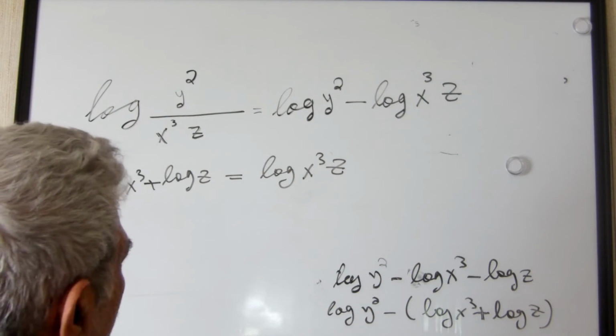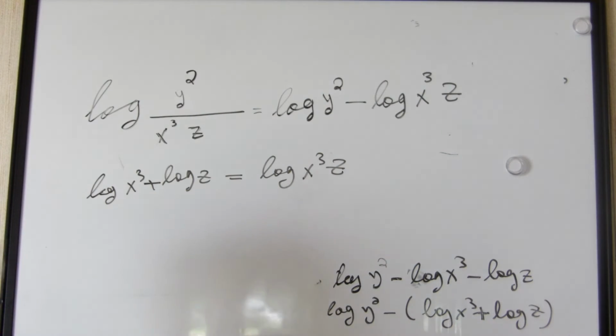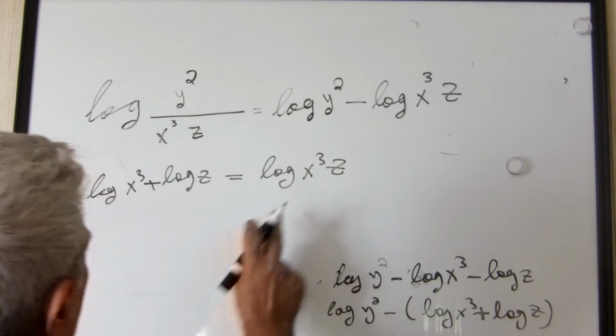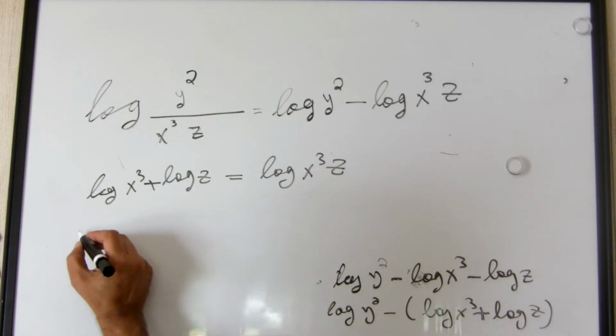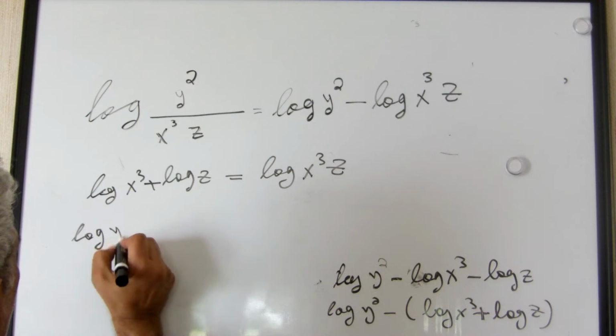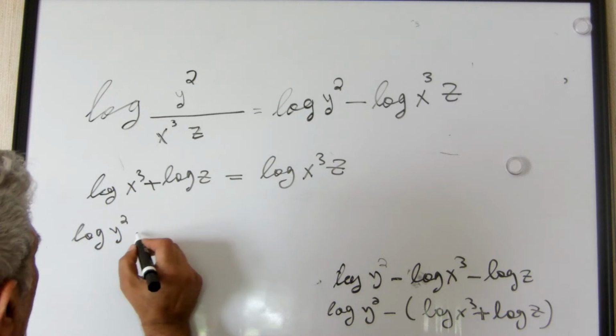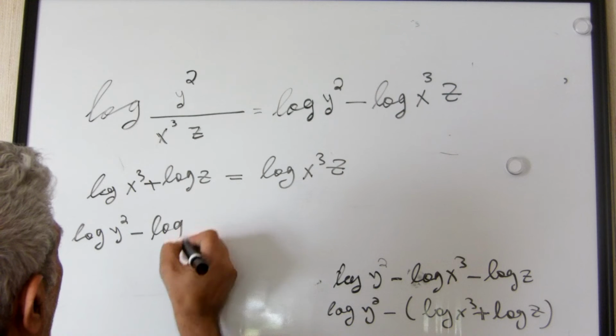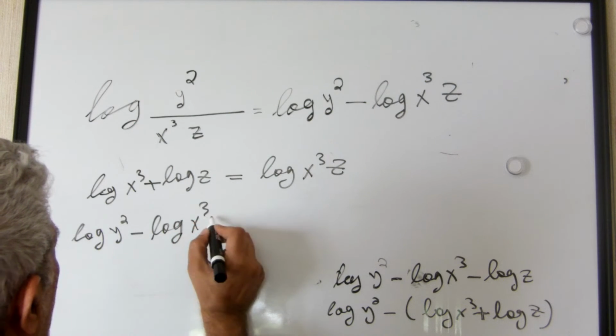Okay? So we write this one. It's going to be log y squared minus log x3z.